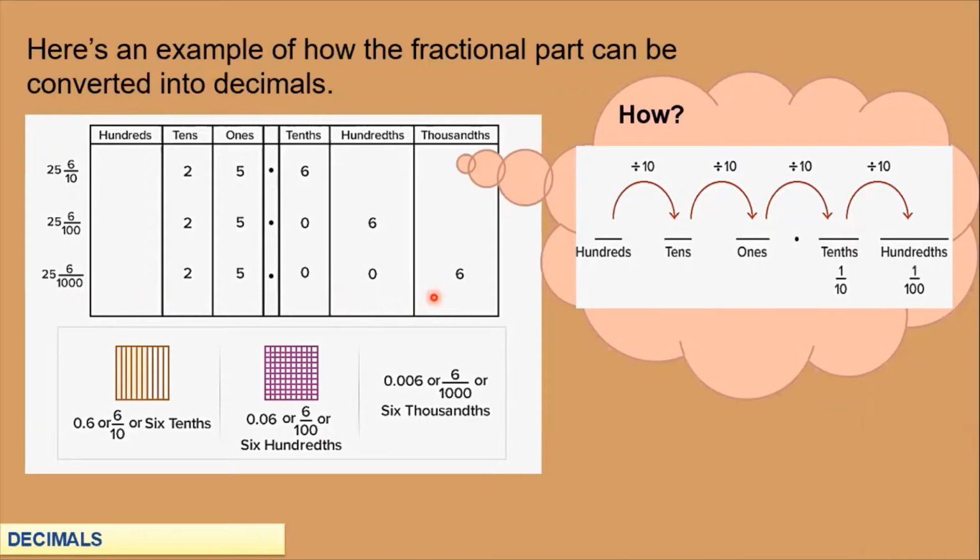So how did we come up with these numbers? Simple, we just divided by 10 with respect to its location in the decimal part. If tenths, divide by 10. If hundredths, divide by 100. And if thousandths, divide by 1000.